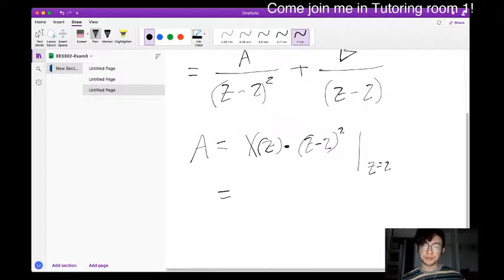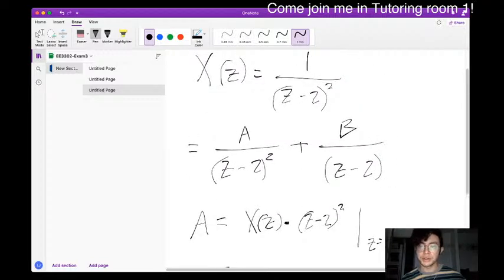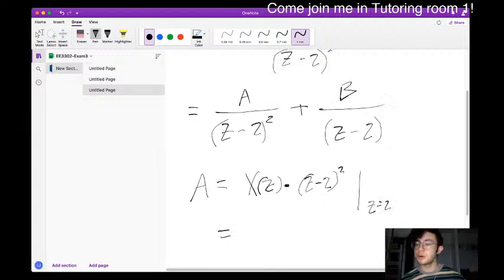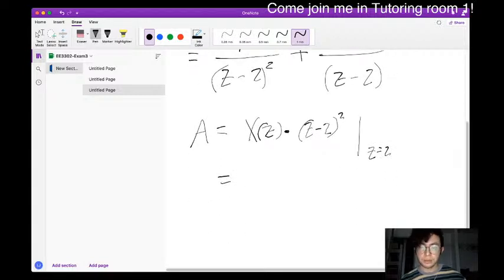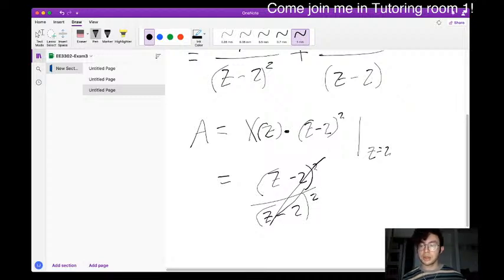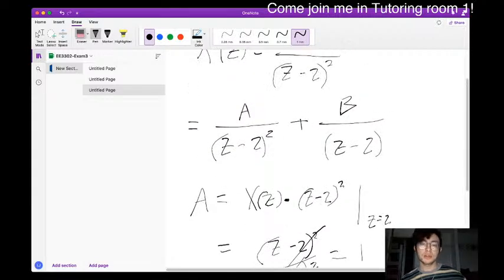X(z) was 1 over z minus 2 squared. So what do we get here? z minus 2 squared over z minus 2 squared. But great, all of these cancel. So we're left with 1, regardless of what we evaluate at. So A is 1. That's great.